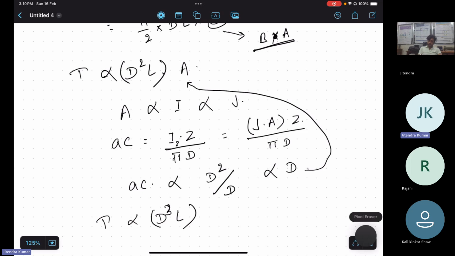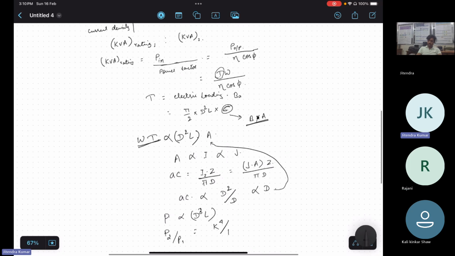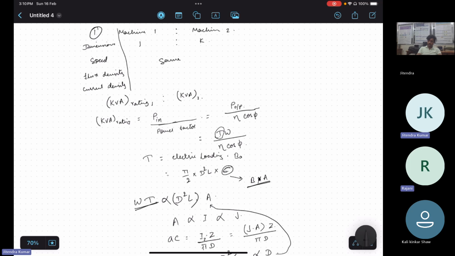No, torque here we have to say power. And all the parameters are scaled with the factor of k. So P2 by P1 would be k^4 by 1. So this ratio would be equal to k raised to power 4 is to 1, right?